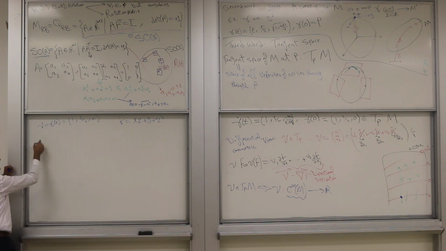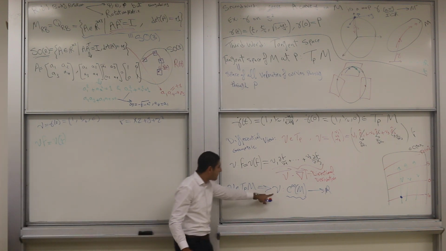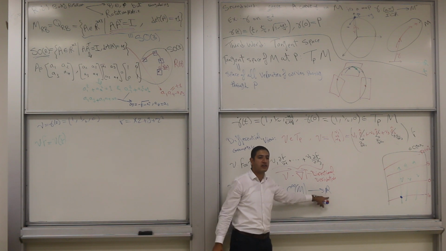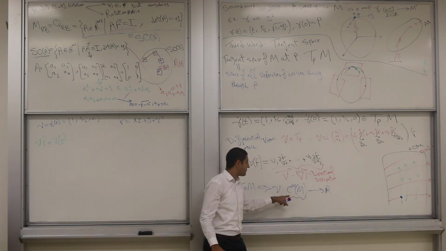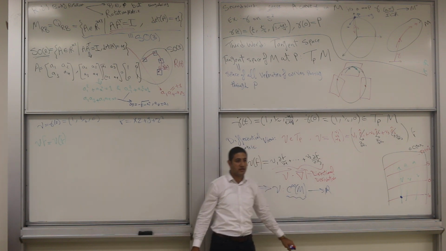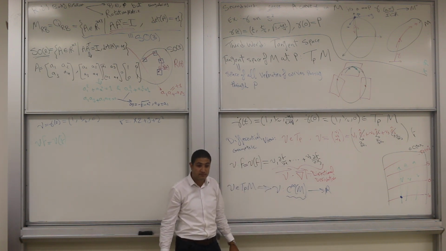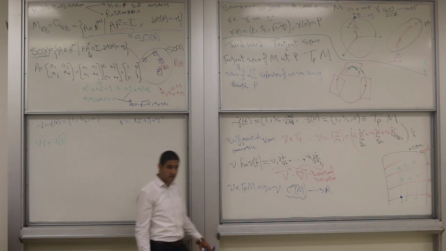So what is V? We write it like this, Vf or V of f. It takes f and gives you something, right? By the way, when a map takes a function and gives you a real number, does anybody remember its name? We gave it a name before. A functional, right? This is a functional.